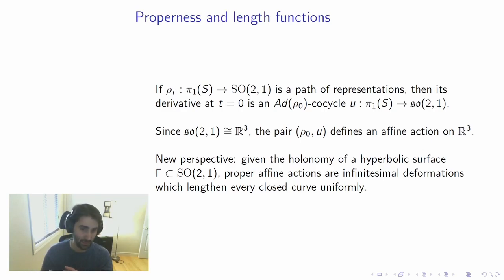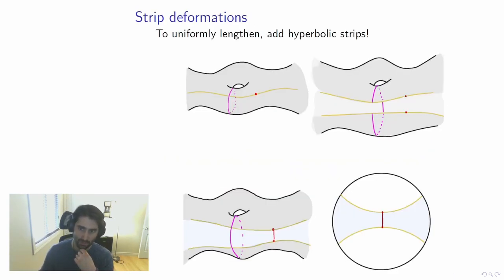You can also say it as shorten every closed curve uniformly, so this is not quite correct. Either they lengthen uniformly or they shorten uniformly, because when you have a proper action, the negative of the cocycle is also proper. So one way to uniformly lengthen a hyperbolic surface, this is a picture shamelessly stolen from Neja's thesis: you choose an arc in your hyperbolic surface, an infinite embedded arc.